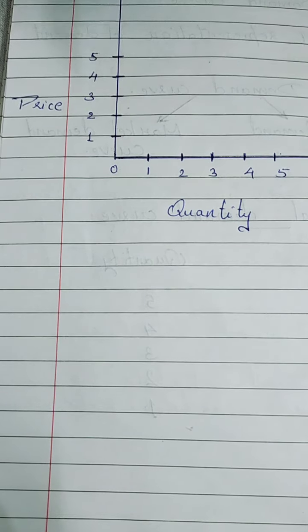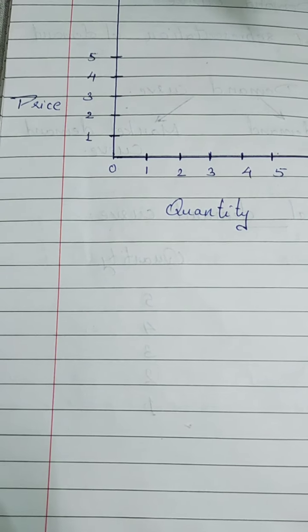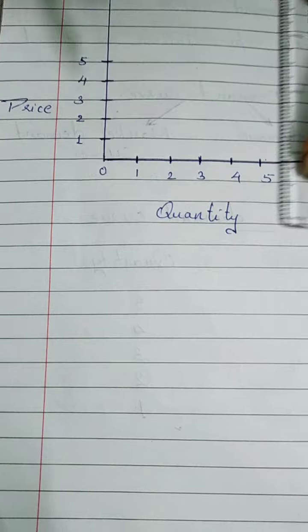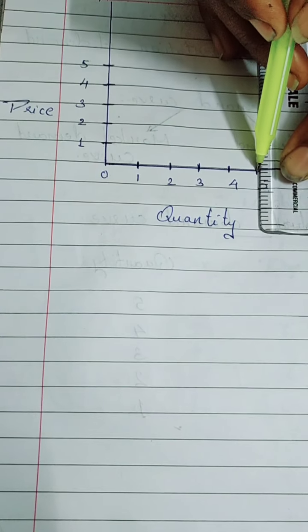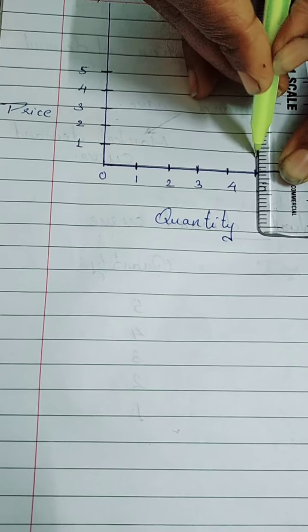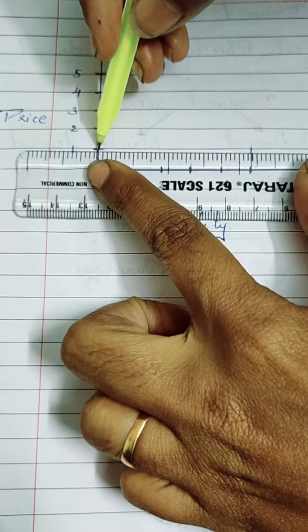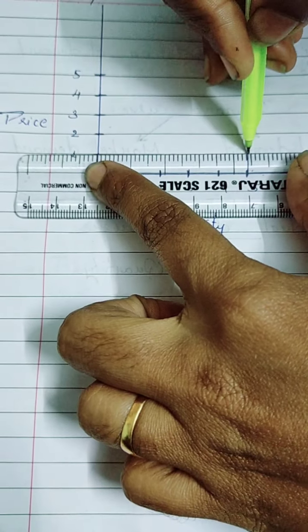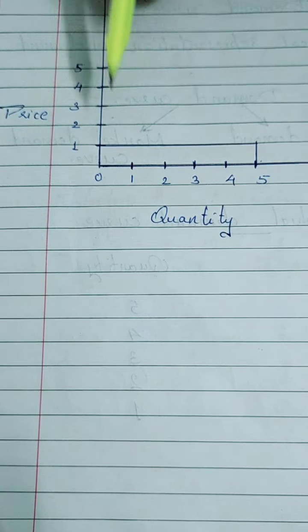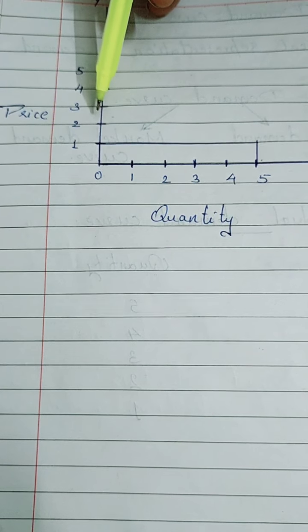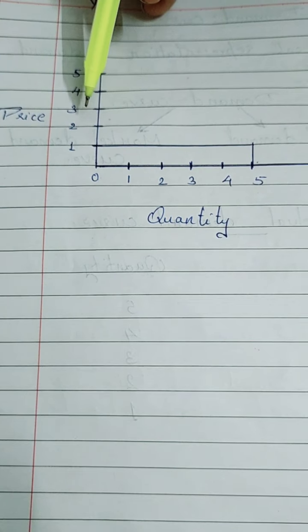Here in the individual demand curve it is shown that when the price was 1, the quantity was 5. So you have to draw like this. When it is 5, and the price was 1. Then it is said that when the price was 2 rupees, the quantity was 4. Price 2, quantity 4.